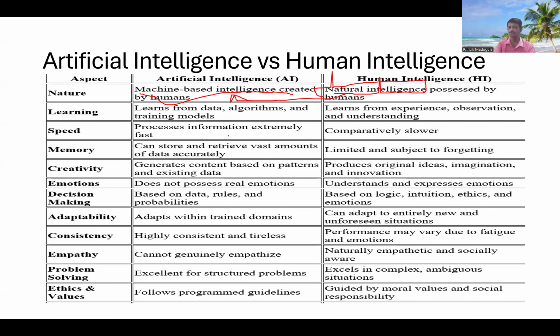Compared to the speed, AI may be a little bit faster, but the human mind can think millions of views, millions of ideas in 1 second. So there is a drastic comparison when compared to a machine as far as human intelligence is concerned. Compared to the memory, it can have all the storage, but we may not have that sort of storage and information.